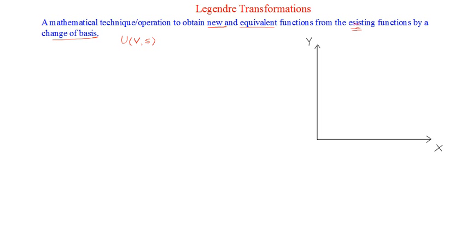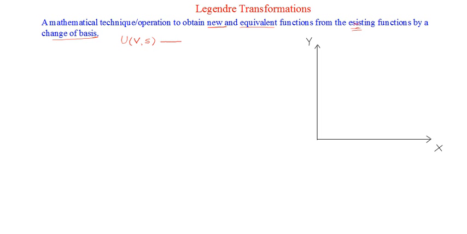Now you know that this internal energy is a convenient thermodynamic potential for situations involving change in volume and change in entropy, right? So if there is a situation where instead of volume, pressure is changing, or pressure is the control variable there, then I need to define a new function which can be conveniently used in those contexts.